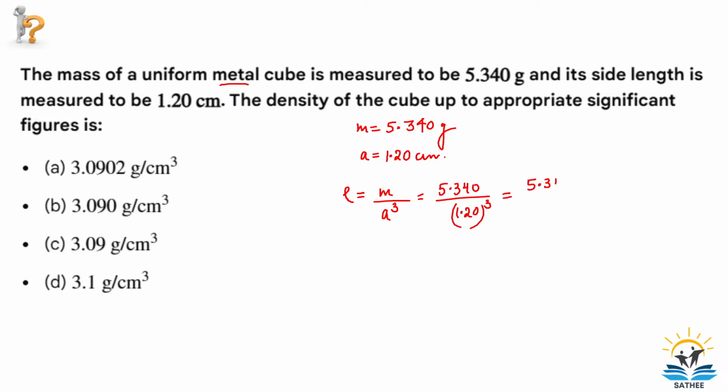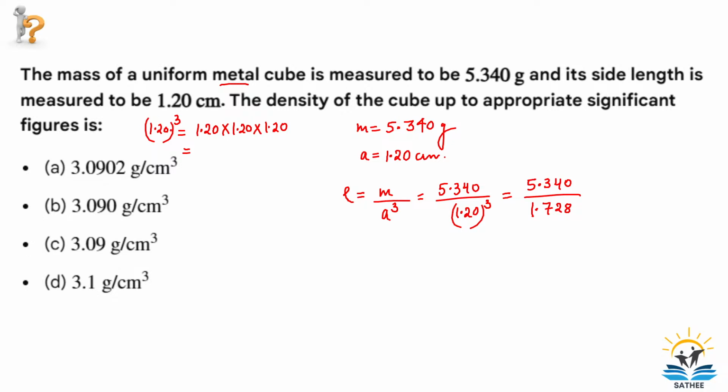So 5.340, and 1.728. Okay, now you don't have to solve this. How many significant figures should you retain in 1.728? We have 1.20 into 1.20 in cube, so there is multiplication. So in multiplication, how many significant figures should we keep in the result?